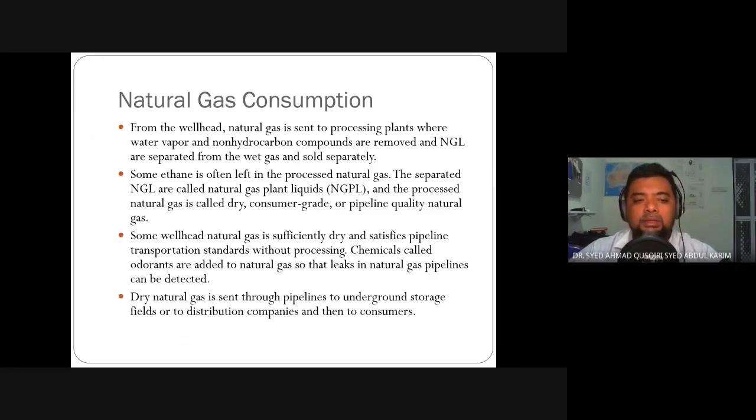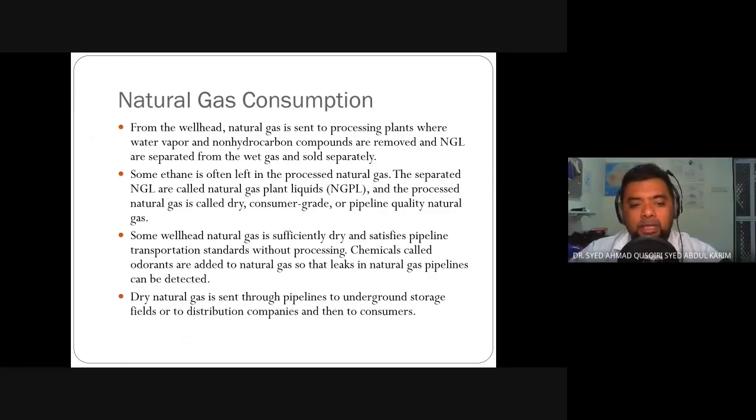There is some ethane left in processed natural gas. Separated NGL are called natural gas plant liquids, or NGPL. And the processed natural gas is called dry, consumer-grade or pipeline-quality natural gas. So this type of gas can be sold to the consumers.